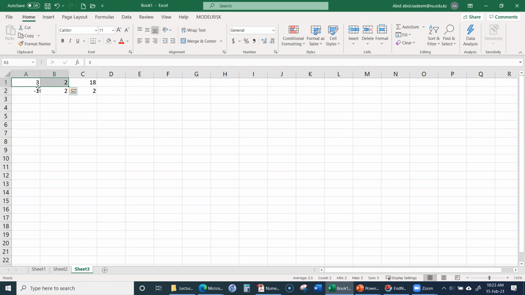The main matrix for this system is 3, 2, minus 1, 2. In the first row, 3 is the coefficient with the maximum value. And in the second row, 2 is the coefficient with the maximum value.